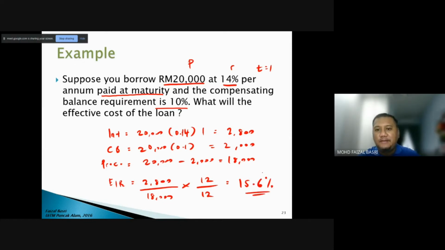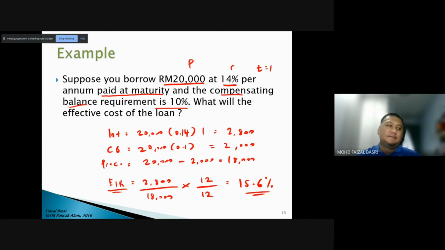Again, if you compare with the nominal rate of 14%, since the bank imposed CB requirements, the rate increased to 15.6%. So this is the real rate. Remember, this is the real effective rate that you have to pay instead of the nominal 14%. So the real rate is actually 15.6%, based on CB requirements.